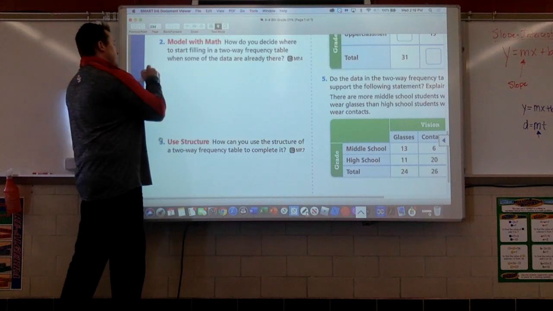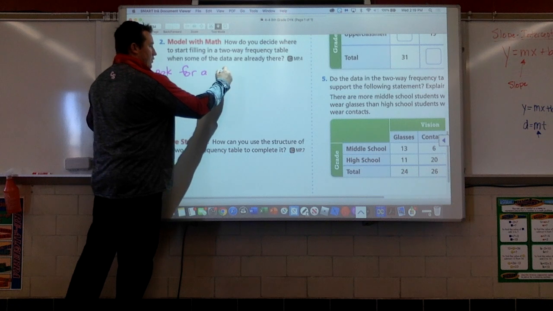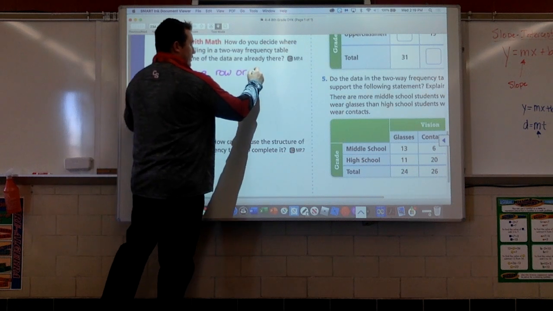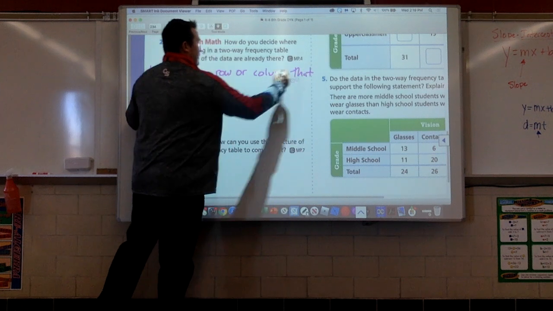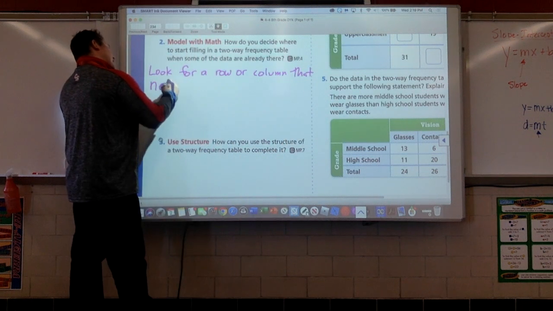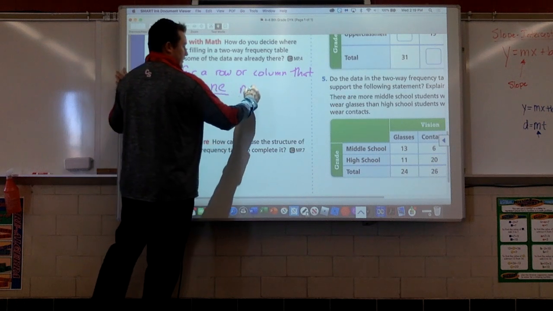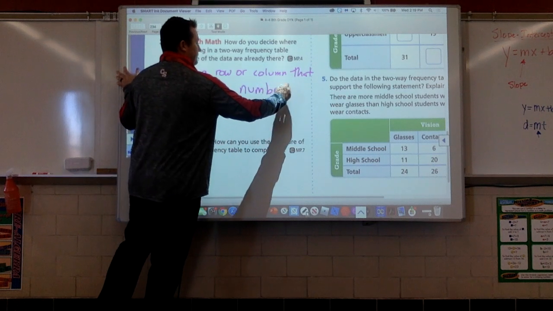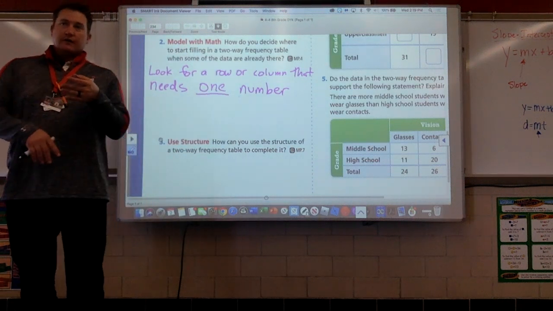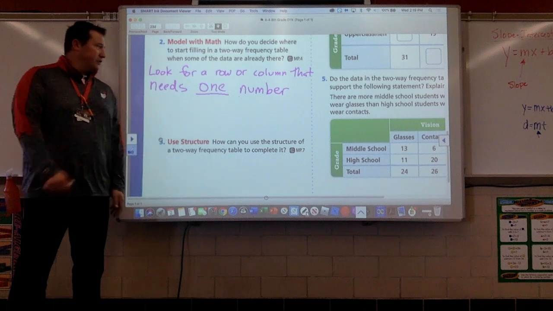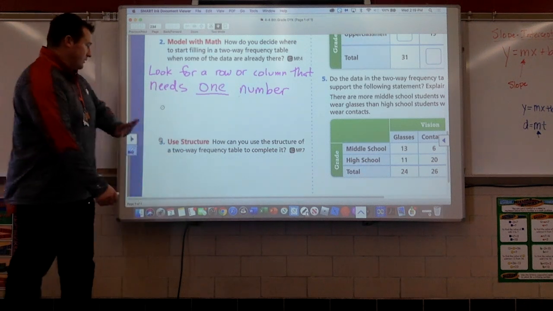We want to look for a row or a column that needs one number. That is where we start. You cannot start anywhere else, folks. You can't triple stamp a double stamp. Can't do it.